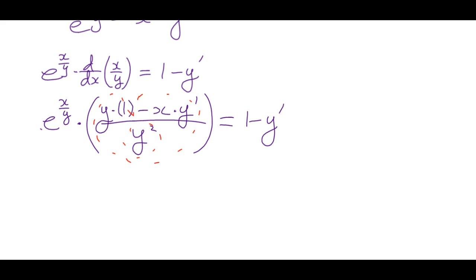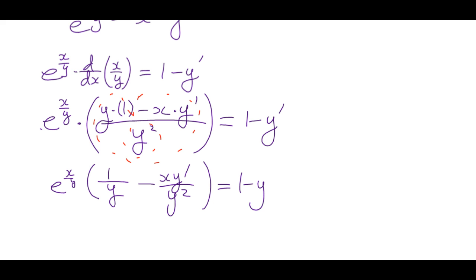So e to the x over y times 1 over y minus x y prime over y squared. What I did was take y over y squared and simplify that to be 1 over y, minus x y prime over y squared. That's how that next line came into being.